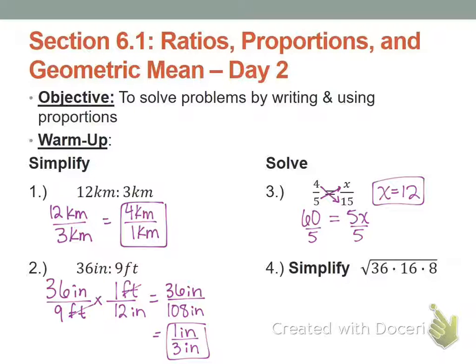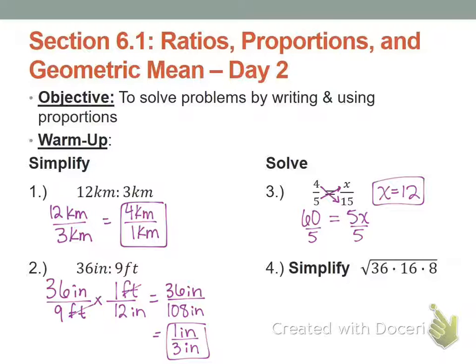All right, on number 4, we are asked to simplify. We saw problems similar to this in our warm-ups yesterday. So remember yesterday we broke up our radical. Ari? You can take the square root from 36 and 4 and multiply it, and then 8, you can break it down to 4 times 2 and take the square root of 4. Good.